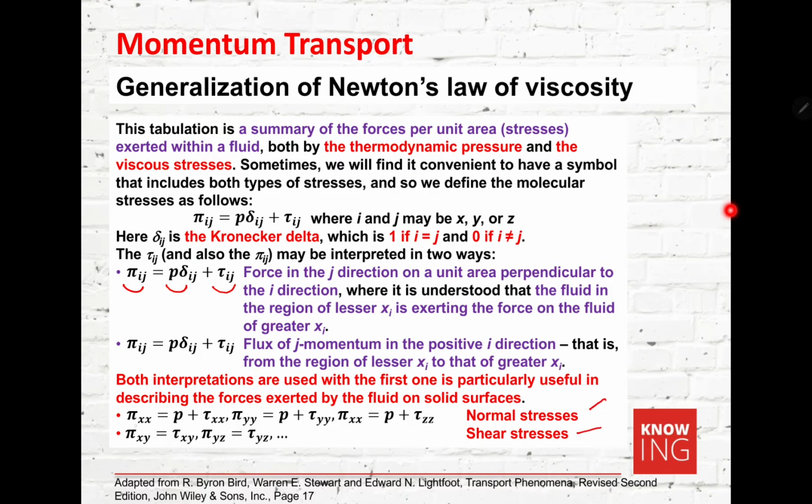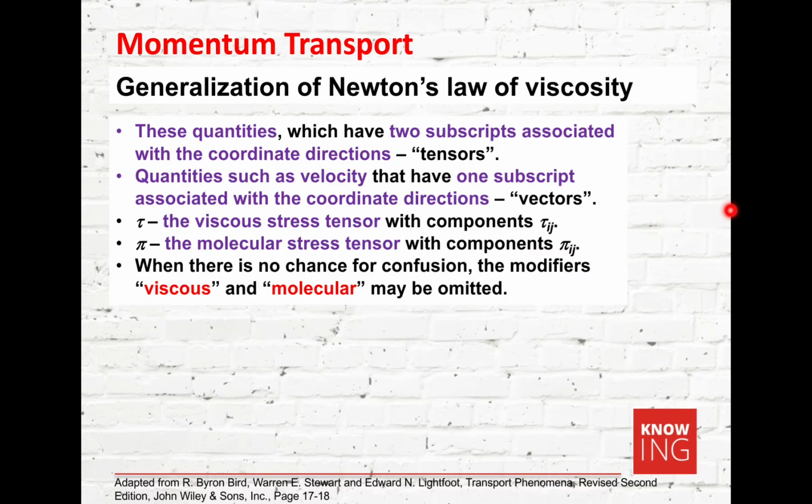Note again that if the first subscript is equal to the second subscript, then we have this pressure component. But if the first subscript is different from the second subscript, then we don't have the pressure component. I don't want you to dwell too much on the details of the Kronecker delta, but you will understand as we go into the examples.